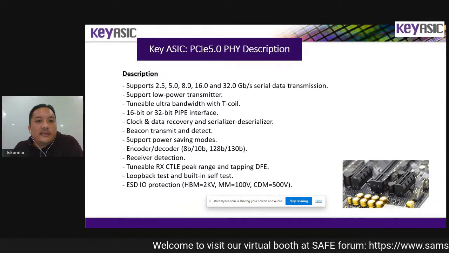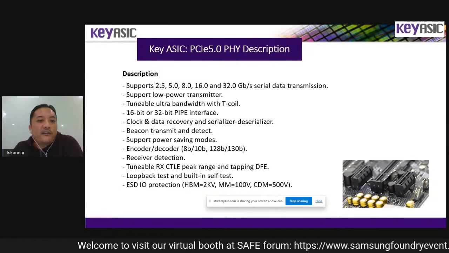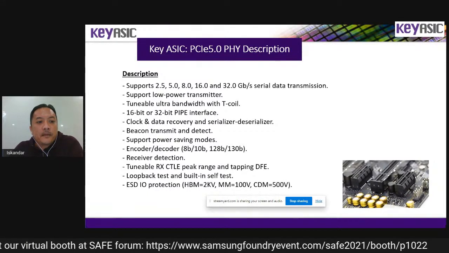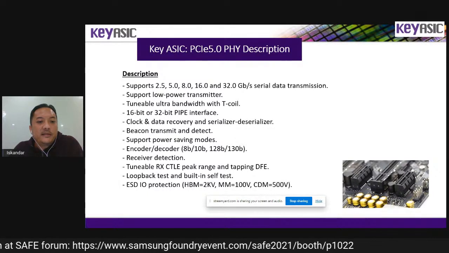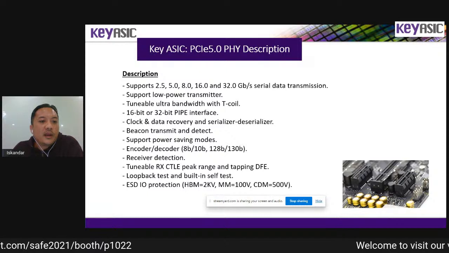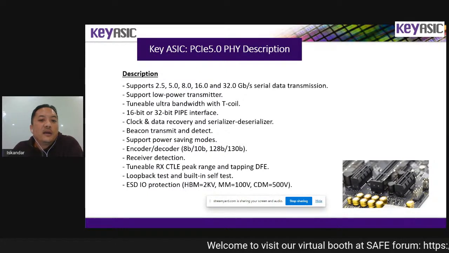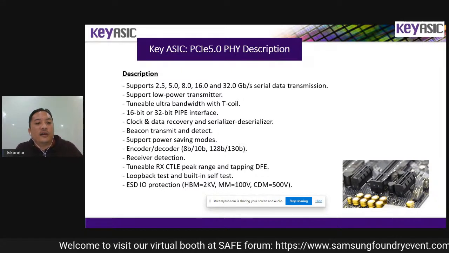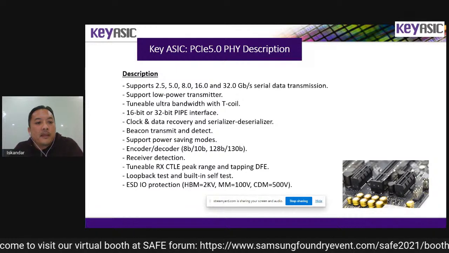KeyASIC PCIe 5 also supports low power transmitter features, which we discuss in the next slide. It also has a tunable ultra bandwidth with a T-coil. We use the T-coil to enhance the bandwidth of TX and also RX.